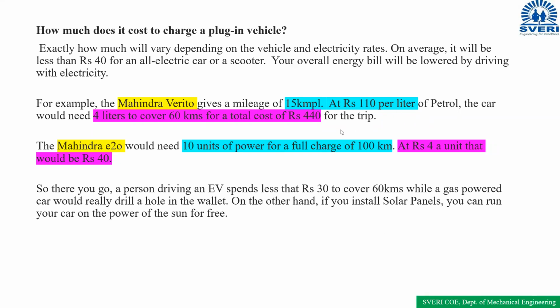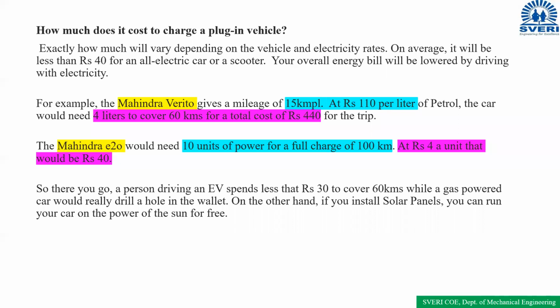So if you would like to travel 60 kilometers, how much do we have to pay? 60 divided by 15 is 4 liters, so 110 into 4 liters. Is it clear? To travel 60 kilometers, we need to consume 4 liters of fuel.